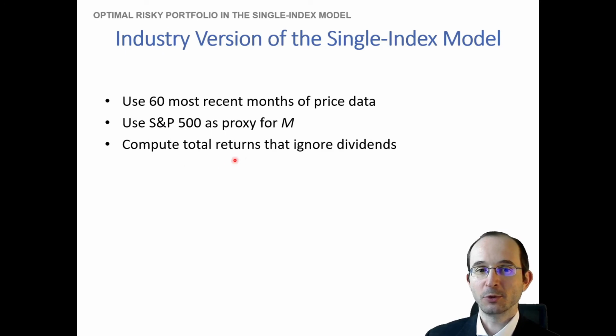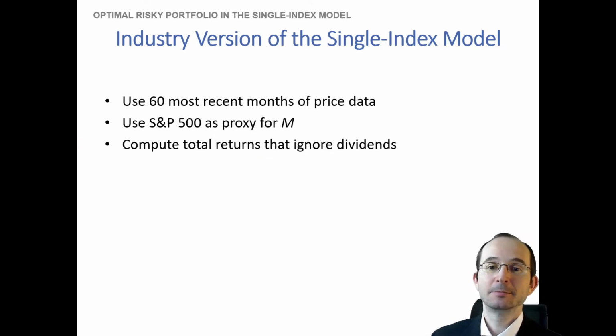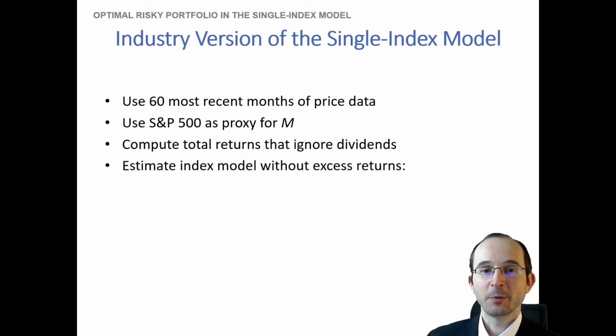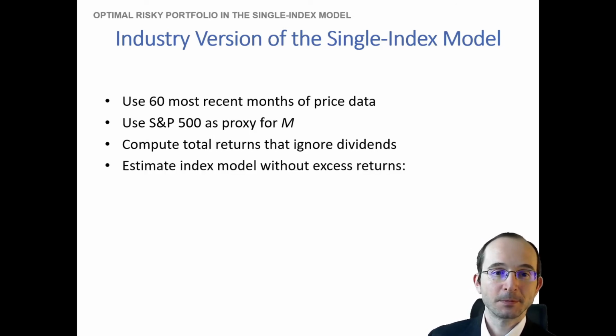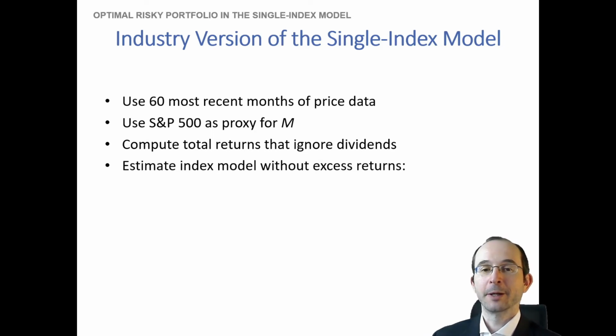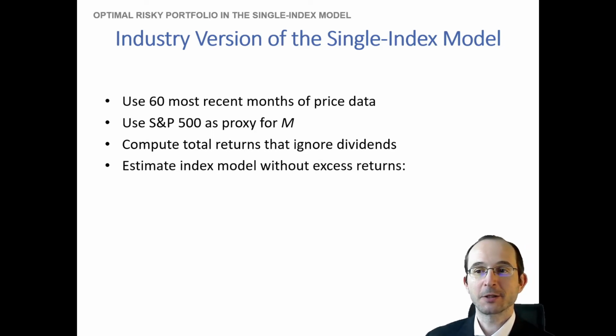We will compute total returns for individual assets, as well as for the market portfolio, ignoring dividends, a simplifying assumption again. And we will estimate an index model without worrying about adjusting for excess returns.